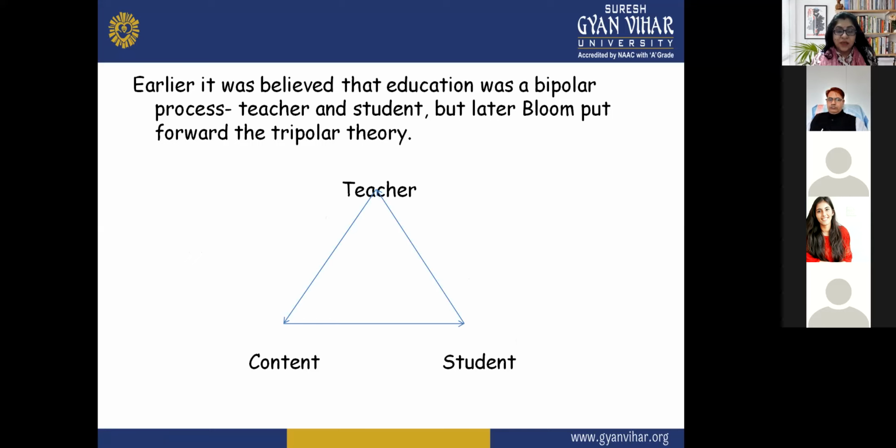So this triangle which you can see on my screen, teacher, student, and content, is the main base of our today's education system. It is not like only teacher and student are interacting. No, there is something called content also, which causes the behavioral changes that we relate to the educational objectives. So it is very important, which Bloom put forward.